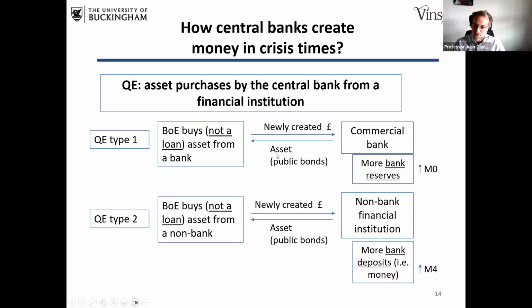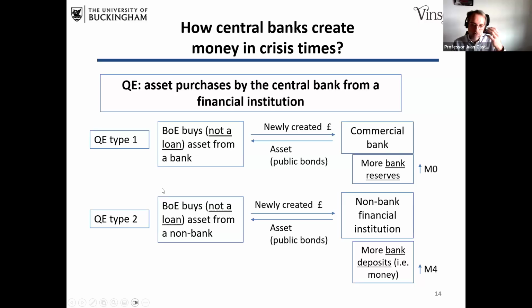So the gilt goes from the balance sheet of the commercial bank into the balance sheet of the Bank of England in exchange of newly created money. This is not a loan. It is not meant to be reversed, or it doesn't need to be reversed. It's an outright purchase. So the Bank of England will be paying the commercial bank in the bank reserves account at the Bank of England, and that will be increasing the monetary base in the economy.